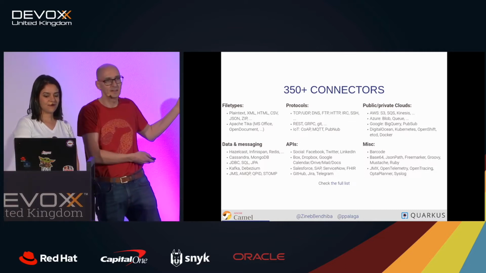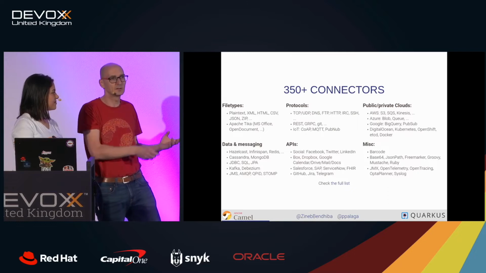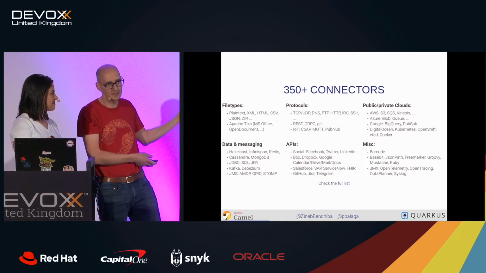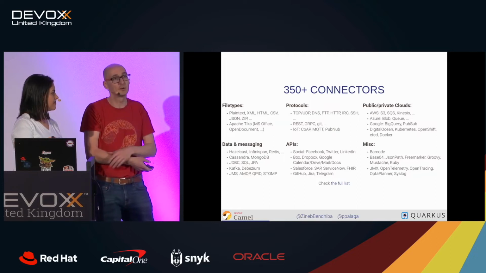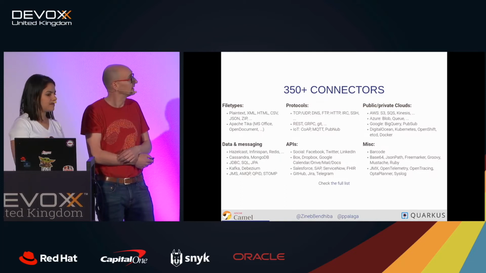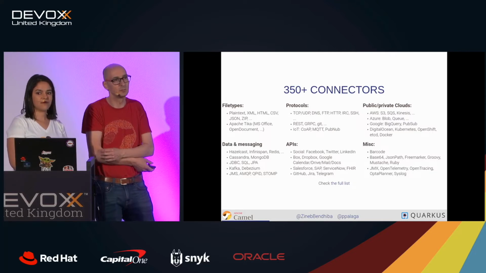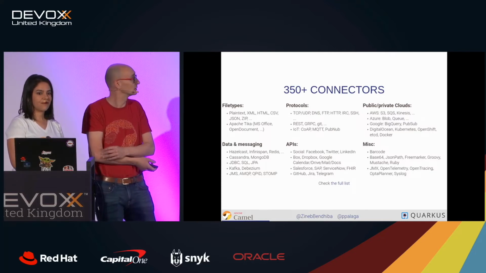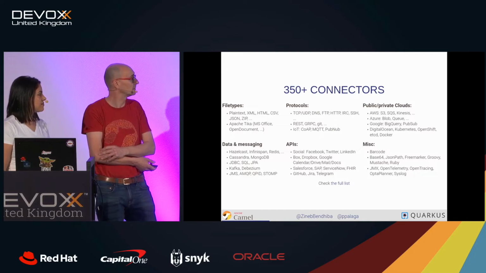So what we have inside, on one hand, we have things like reading various file types, office types, flat files, and so on. Then we have connectors for taking data through various protocols, then some well-known public clouds such as AWS, which we are going to demo today, and many others. Then we have APIs such as GitHub, Jira, Telegram, and so on.